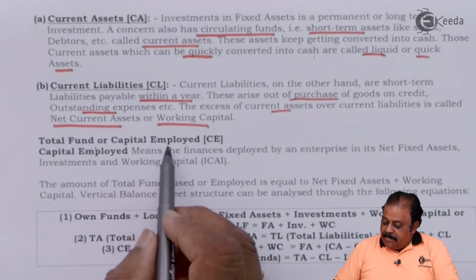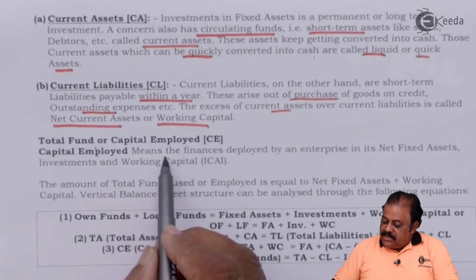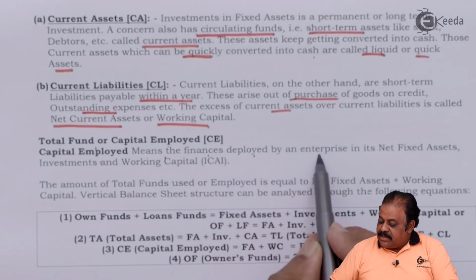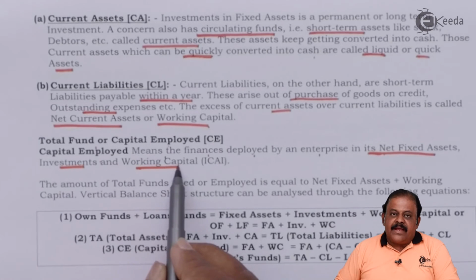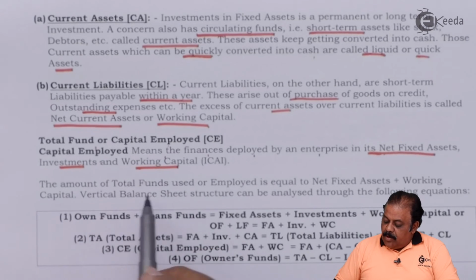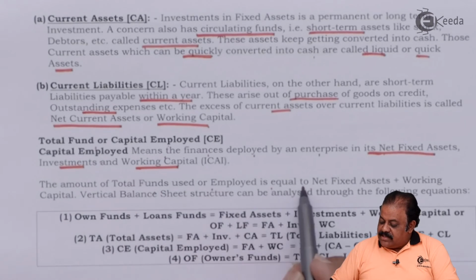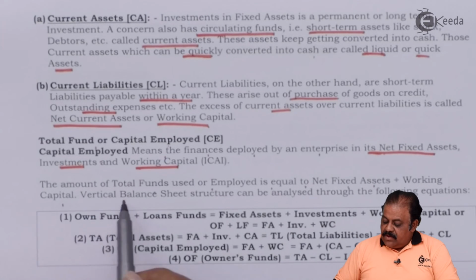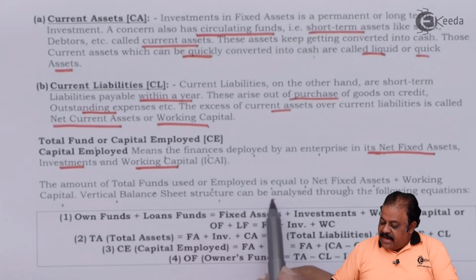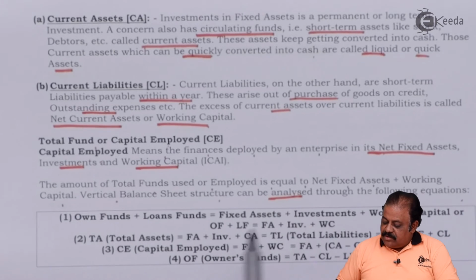Total funds or capital employed. Capital employed means the finances deployed by the enterprise in its net fixed assets, investment and working capital. The amount of total funds used or employed is equal to net fixed assets plus working capital. The vertical balance sheet structure can be analyzed through the following equation.